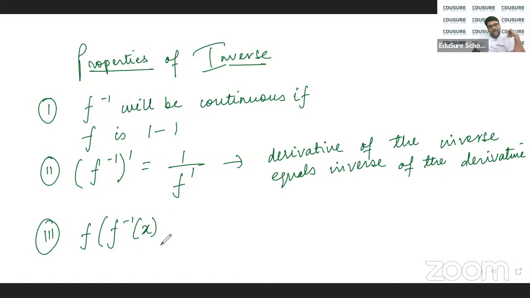F of F inverse X is equal to X. Okay, standard result, very standard. Because if I take this F here, it becomes F inverse, right? By the graph.